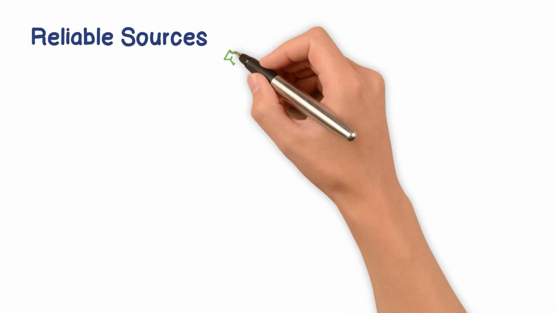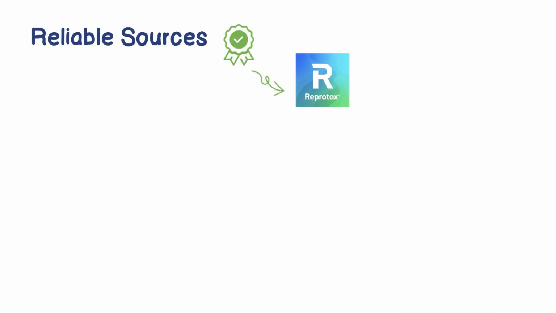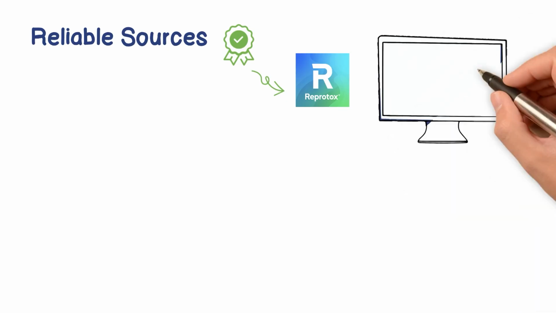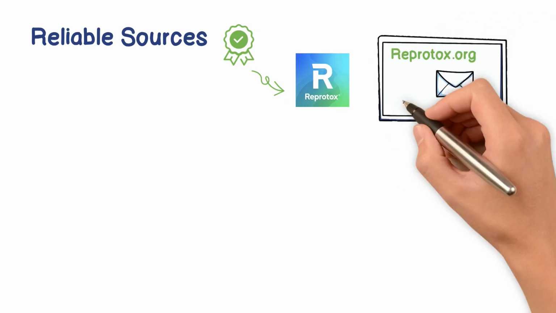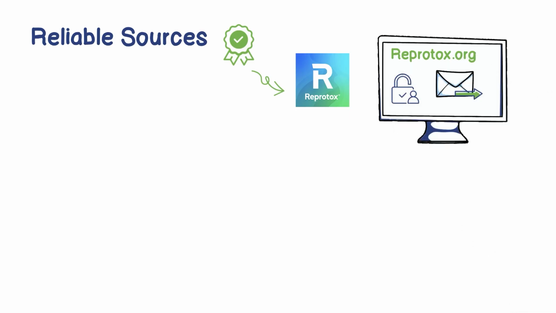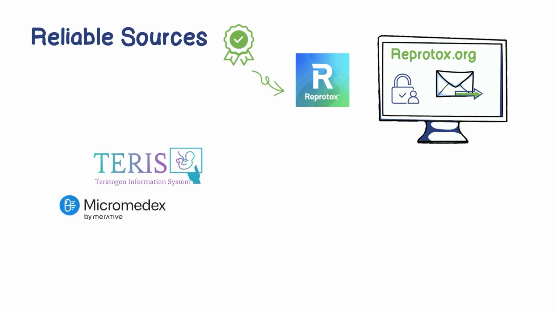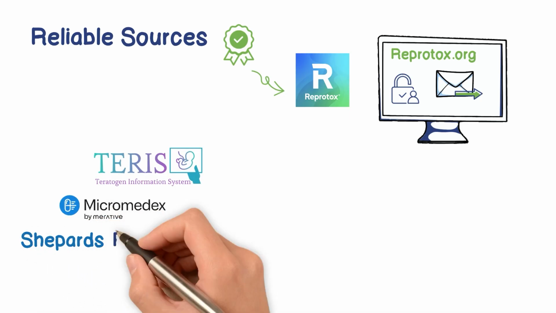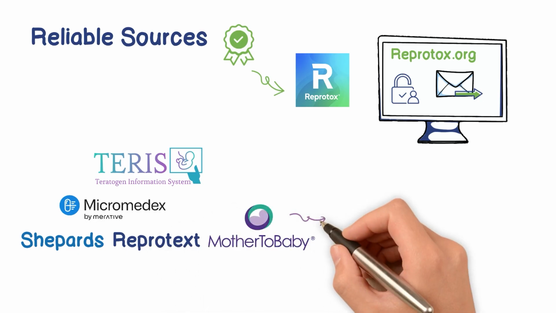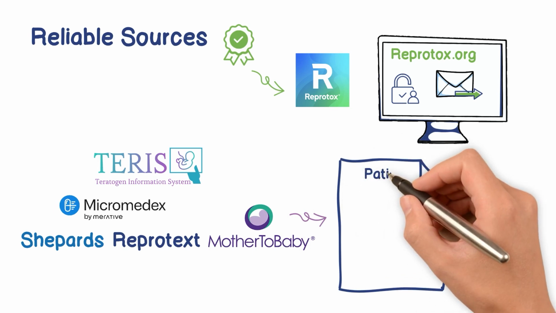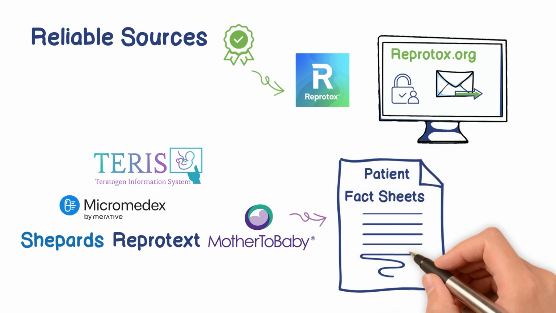Reliable sources include Reprotox. If you are a learner, you can email Reprotox at reprotox.org to request free access. Other reliable sources include TERIS, Micromedex, Shepard's, and Reprotox, as well as MotherToBaby. MotherToBaby offers easy-to-read fact sheets for patients, which can be quite handy.